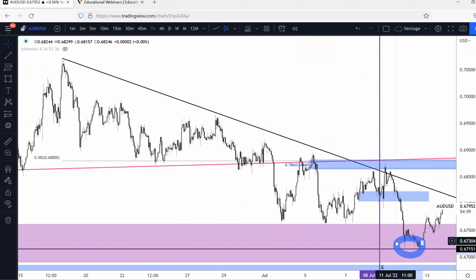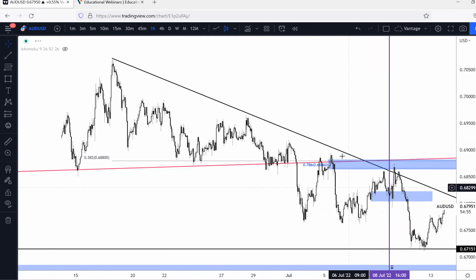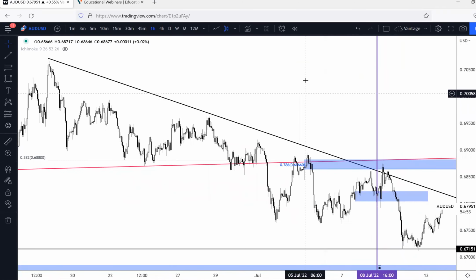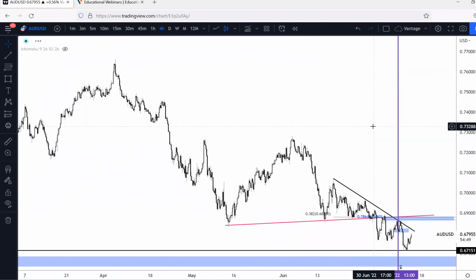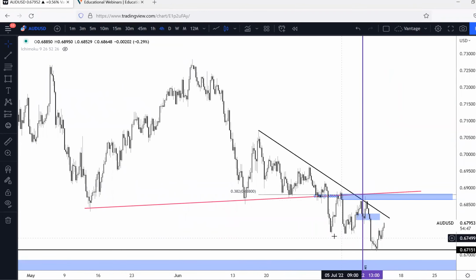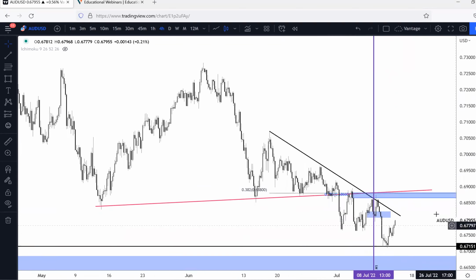Price came into this purple region, also the support, before it pulled back. Right now, overall bias is still bearish. The idea behind this is we can see over here, on the 4 hours and on your 1 hour, in terms of market structure, prices broke below the previous low. So as it pulls back, as long as it holds below this descending trend line, the bias is still bearish.